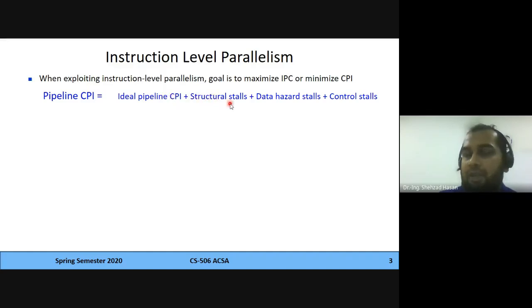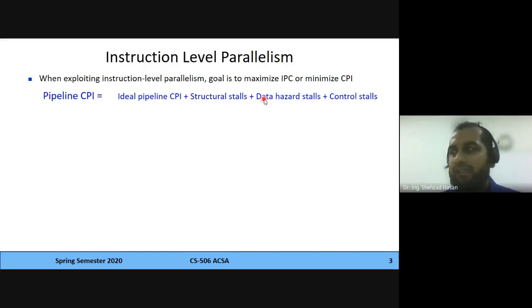There can be architectural techniques where you can reduce structural stalls completely, but data hazards and control hazards are going to be there. So for example, if 30% of your instructions are load instructions, and the very next instruction after the load is using its result, this means for 30% of those instructions, you are going to have a single cycle stall.